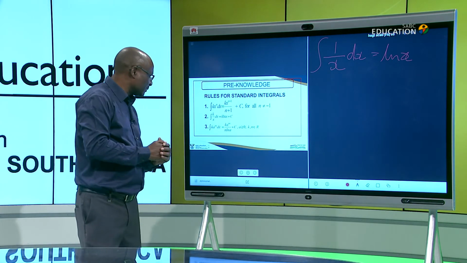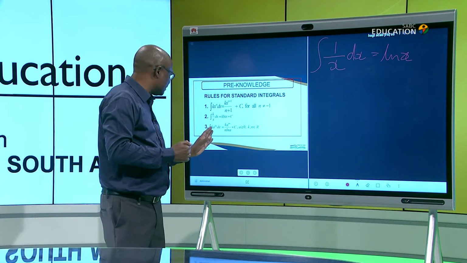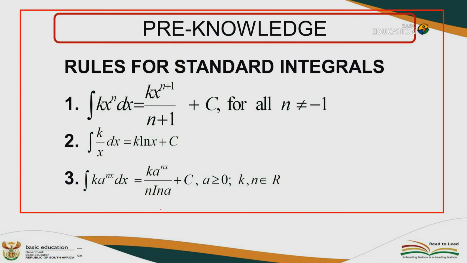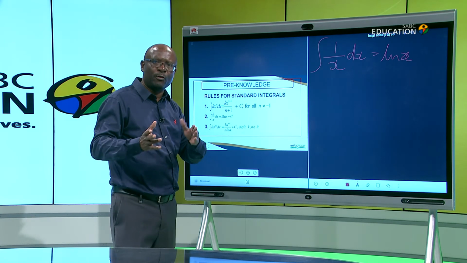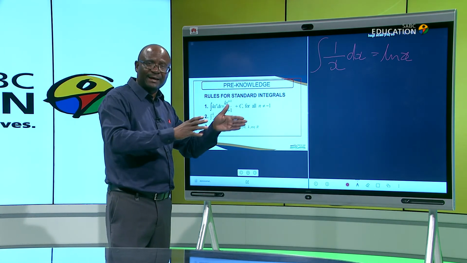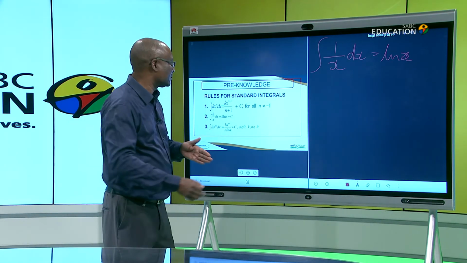Then the last one is the integral of k a to the exponent of nx, which is equal to k a to the exponent of nx divided by n ln of a. These are the standard rules that we have done in our previous lesson that you must always remember, and you are going to apply them in both indefinite integrals and definite integrals.